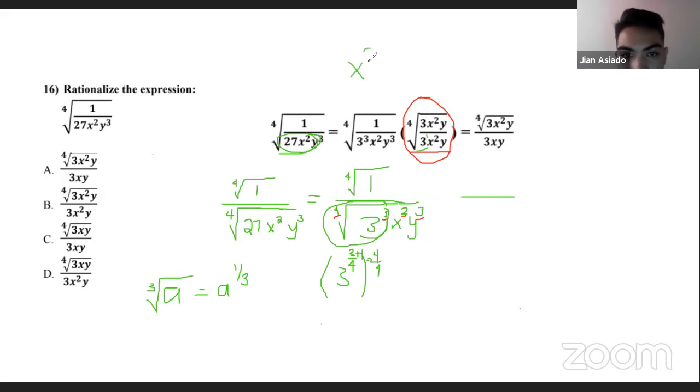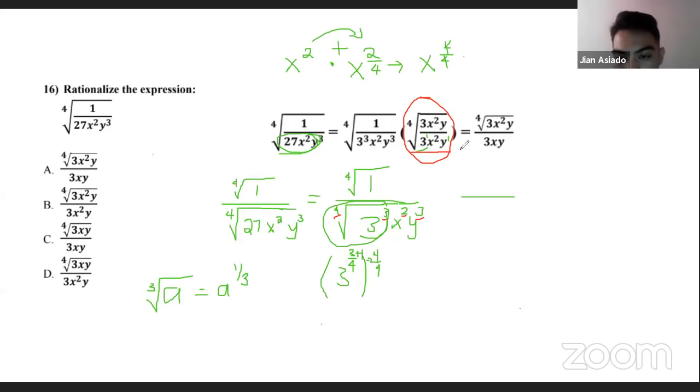X squared para maging x 2/4 pala, para maging x 4/4. So kailangan mo mag-multiply ng x squared, kasi mag-a-add to. Addition. Same applies with y, y lang i-multiply mo, y raised to 1.